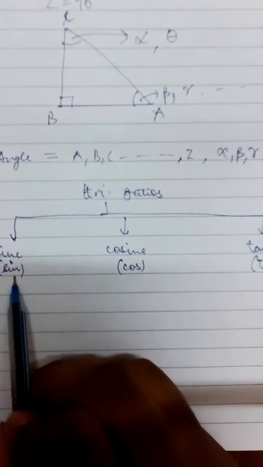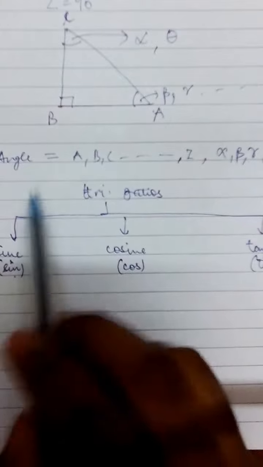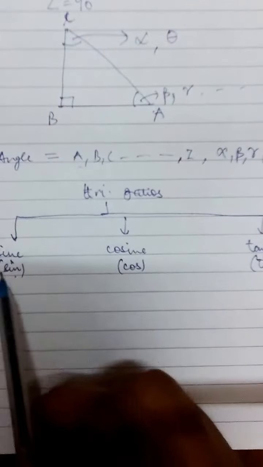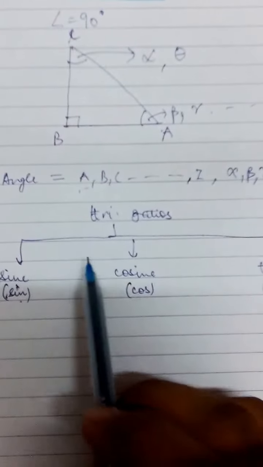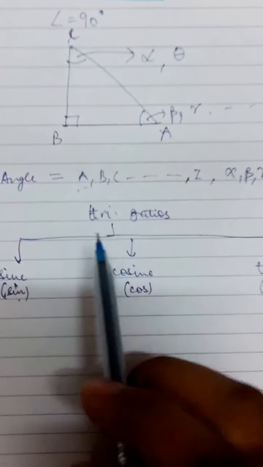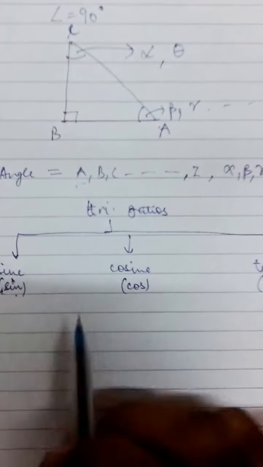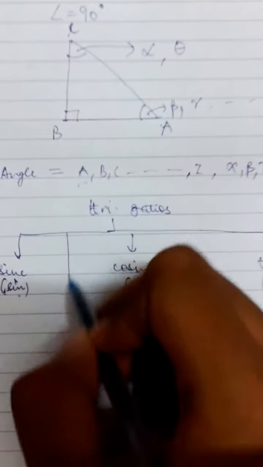All these ratios are put up with their representation of angles: sine A, sine B, sine C, or sine theta, sine gamma, sine beta, sine alpha, the representation of an angle with its ratio, and their reciprocals.